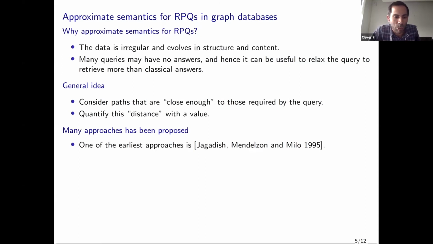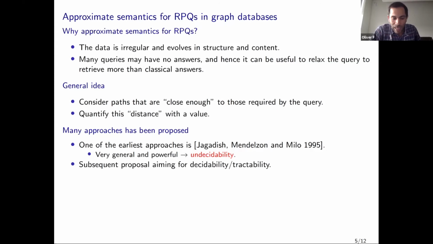There was an approach proposed by Jagadish, Mendelzon, and Milo, which I'm not going to give the detail of, but it is based on a set of rules that describe transformations that say which paths are allowed and how close they are. The problem with this approach is that it is really general and powerful, and then it is undecidable. After that, many people tried to find new ways to approximate the semantics that were decidable and tractable.